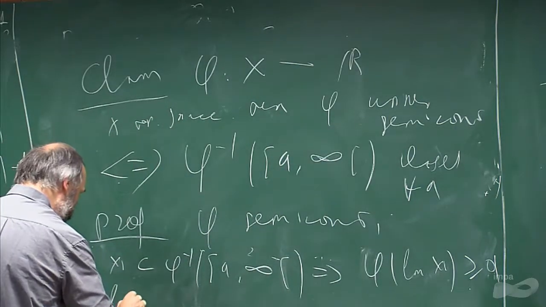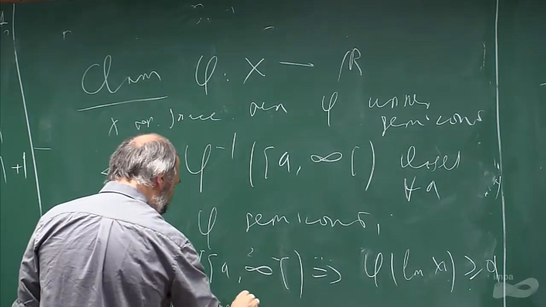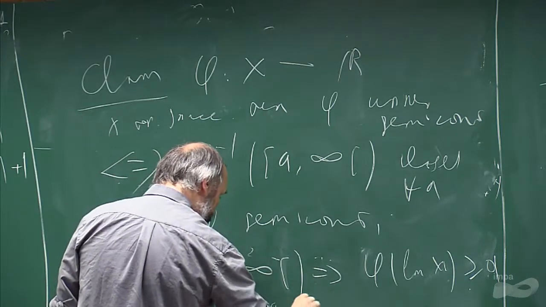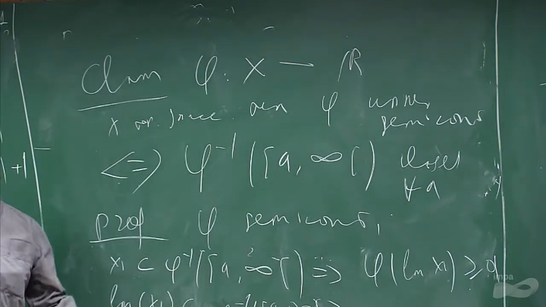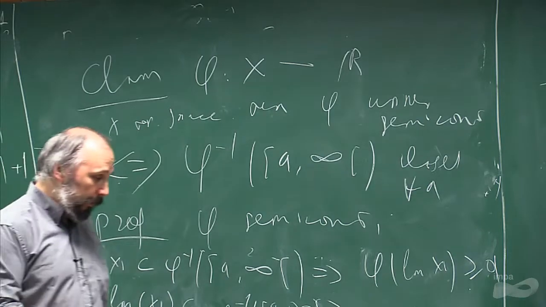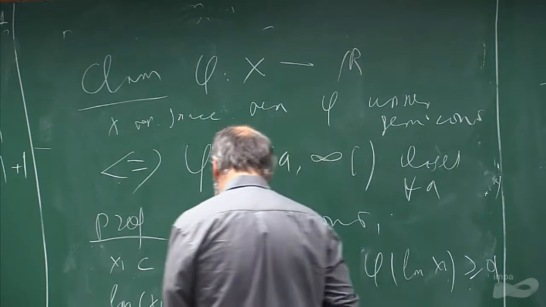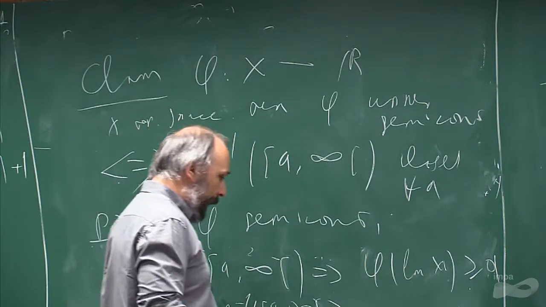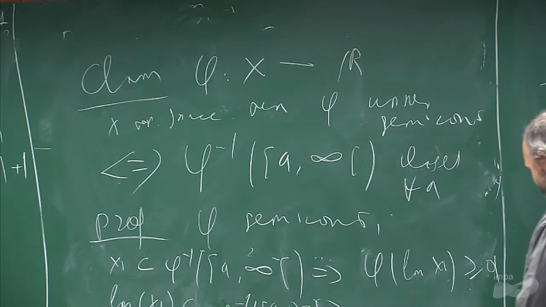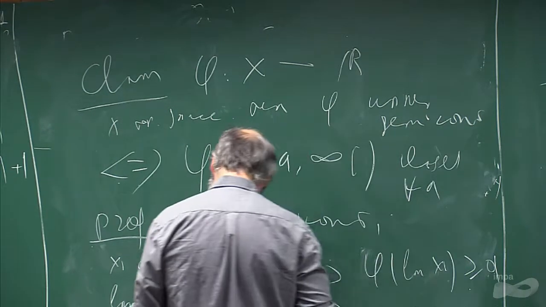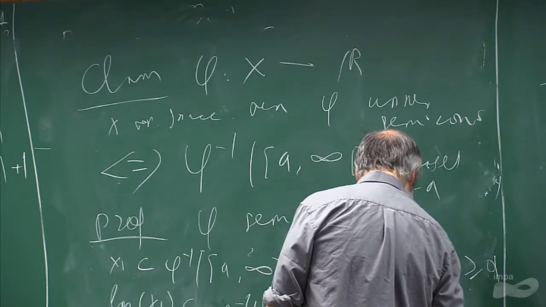Then the limit set of the sequence x_i belongs to this phi minus 1 from A to infinity, and then it is closed. Because a closed set is precisely the set such that all its limits belong to it. Well, we should probably assume something like the base is countable. So then phi minus 1 of this set is closed.